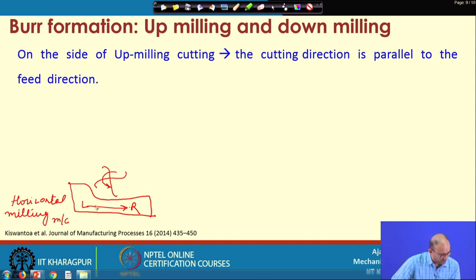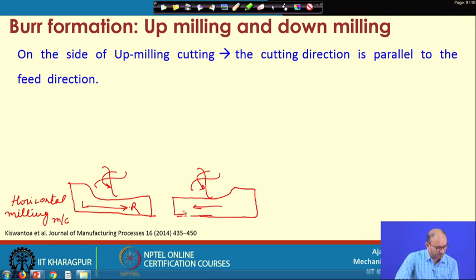So, this particular thing is one and this is the other. Let me clear it first. So, again, let us not change the direction of the cutter, but let us change the direction of the workpiece feed.